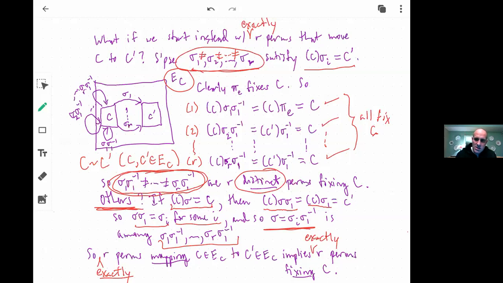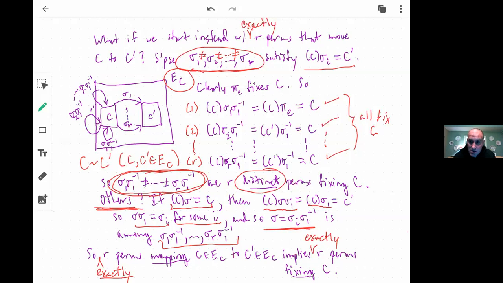I'm using all of these axioms that we had at the beginning about the groups, namely that I have inverses. So if I have R things going from C to C prime, then I automatically have exactly R things going back from C prime to C. And therefore, since I have exactly R things going from C to C prime, we just showed that there has to be R things fixing C. Then there are also exactly R things moving me from C prime to C, namely the inverses.